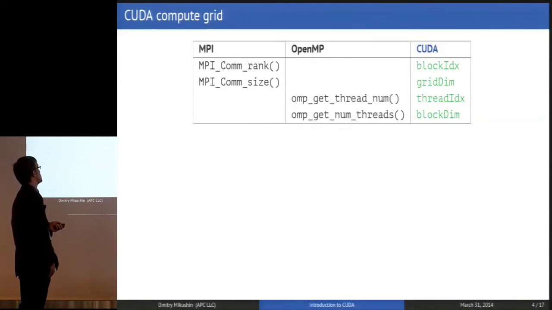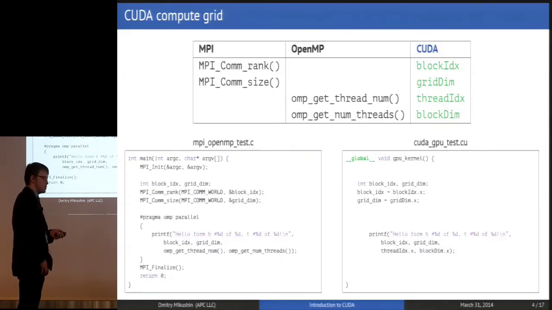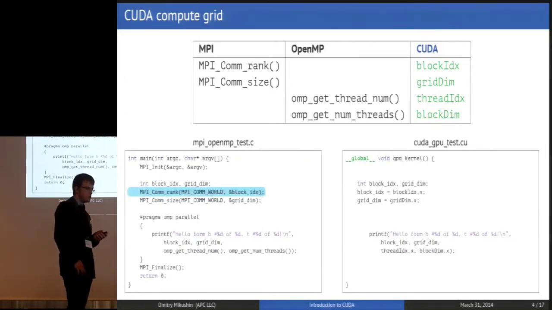To introduce you to the basic CUDA language constructs, here I have the comparison of MPI and OpenMP topology functions with CUDA. So let's look into this program. On the left, we have an MPI plus OpenMP code, which is simply requesting the MPI rank, and each MPI rank then enumerates all OpenMP threads it has inside this process.